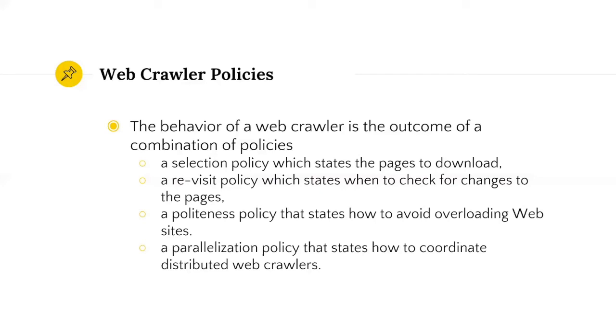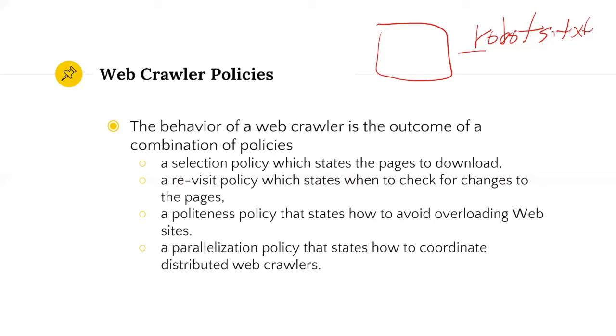The first one is a selection policy, which basically states what pages you can download. For each website, they have a policy internally defined, and that's posted as, you've probably seen this, the robots.txt. The robots.txt file is a policy file that explains what's accessible and what's not, what is permitted and what is prohibited.